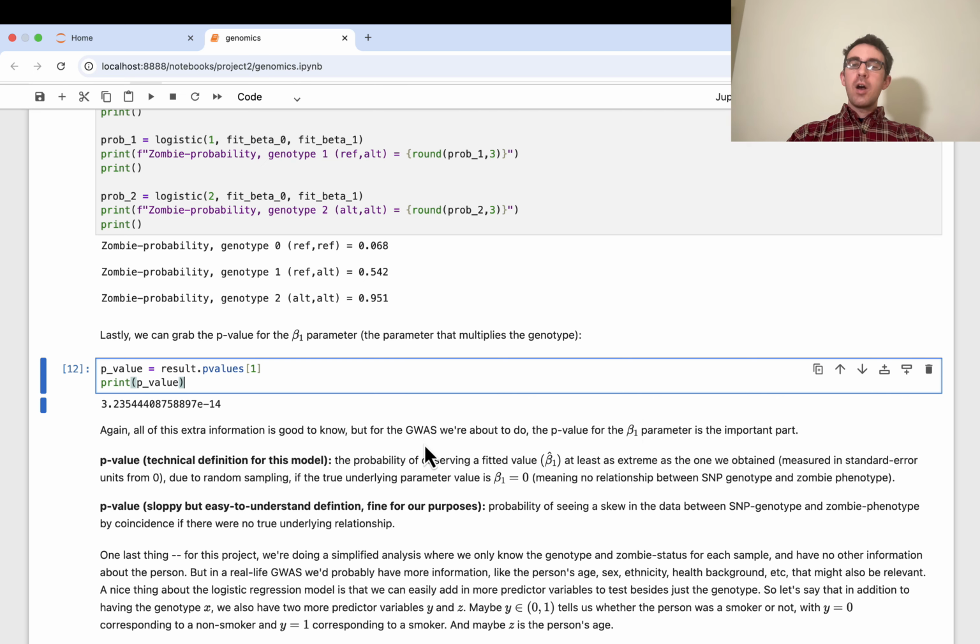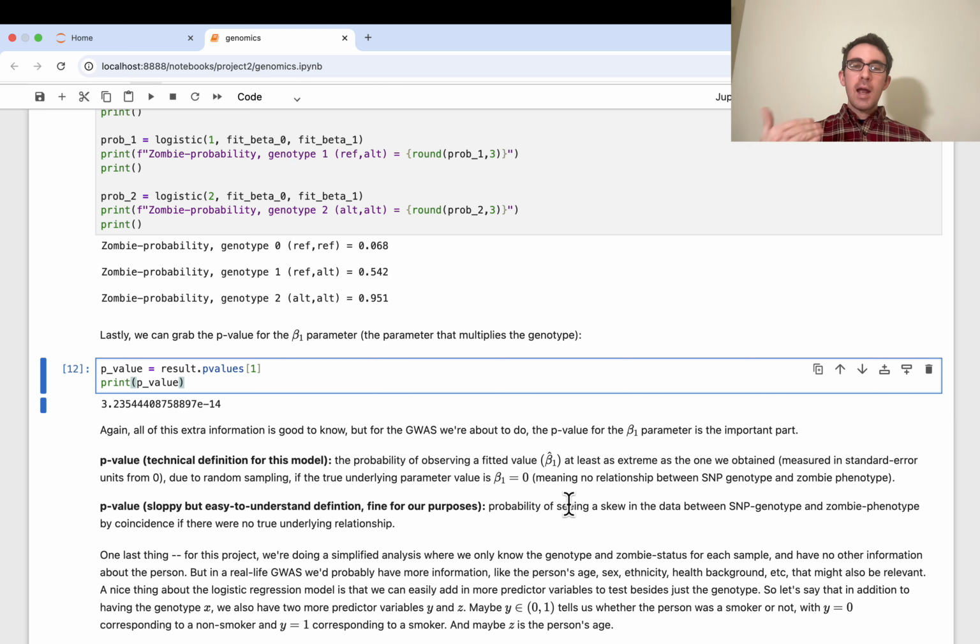Basically, the probability of observing a fitted value of beta 1 at least as extreme, meaning at least as far away from 0 as the one we obtained from the model fitting, measured in standard error units from 0, due to randomness, due to random chance of the random sampling, if the true underlying parameter of beta 1 were 0.